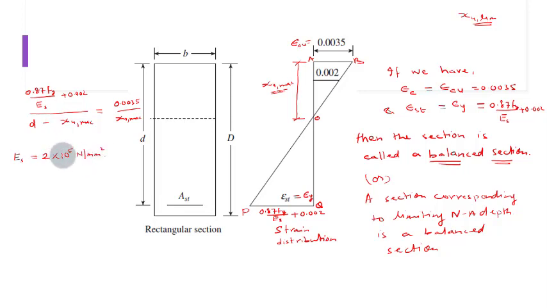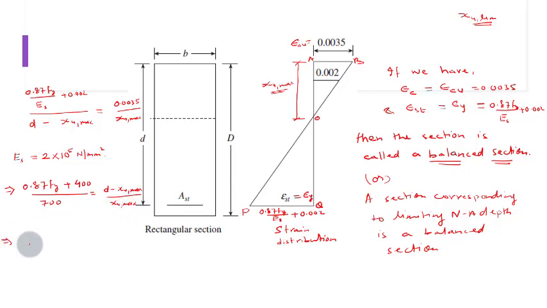Alright. If we substitute the value of ES in this expression and do some manipulation of the expression, we get (0.87 Fy plus 400) divided by 700 equal to (D minus XU max) by XU max.